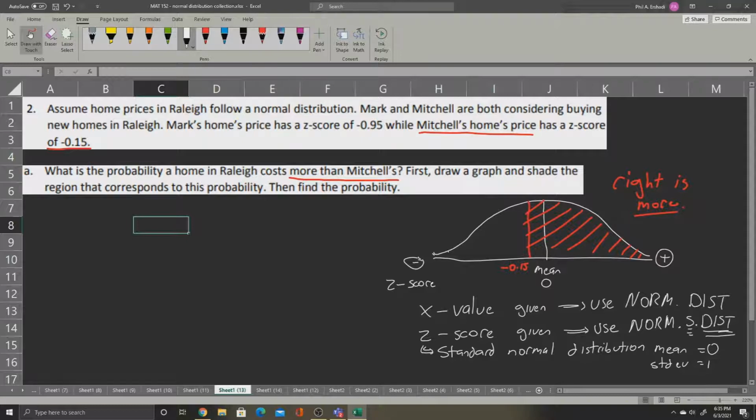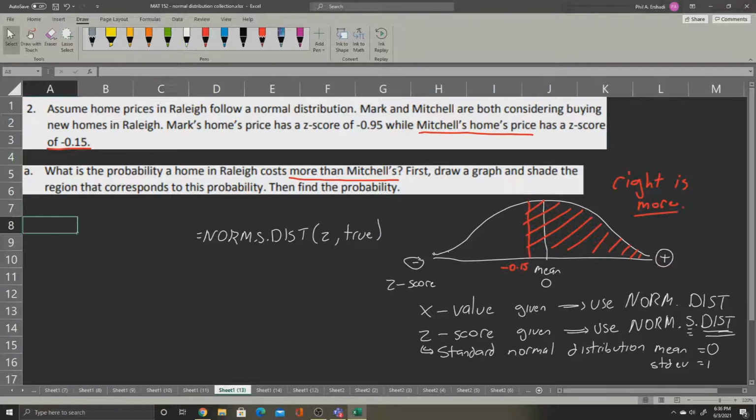Now, norm s-dist is used differently from norm dist because it needs fewer things in the function. We only need the z-score and then a comma and then true. So we have fewer things to collect this time. We'll enter a field for z.